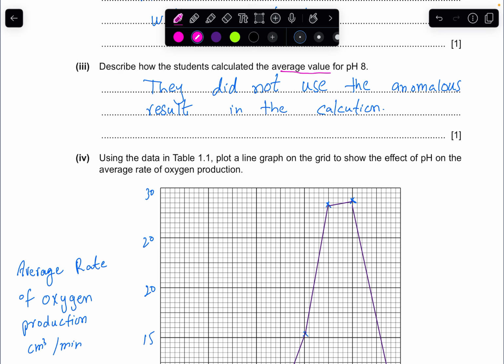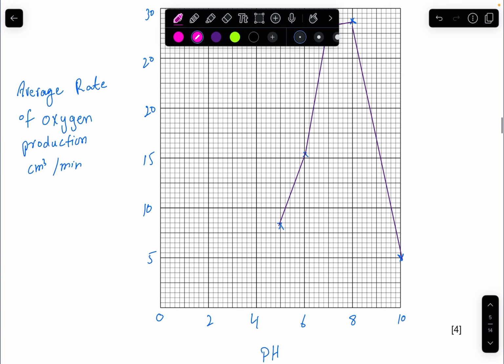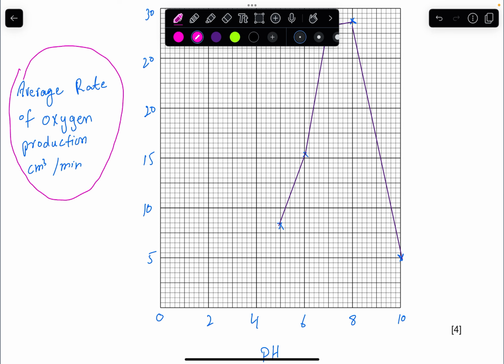The next question is, using the data in table 1.1, plot a line graph in the grid to show the effect of pH. Effect of pH here is important, and the average rate of oxygen production. So on one side you can write the average rate of oxygen production, and the unit is very important, centimeter cube per minute.